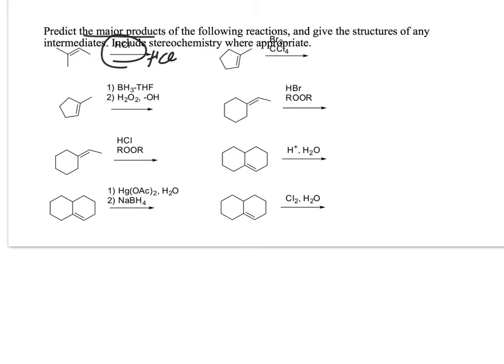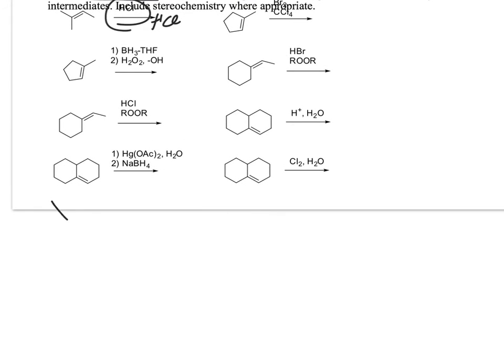So we will write these down at the bottom here. You have the alkene. HCl is going to protonate the alkene. We will generate a chloride nucleophile.